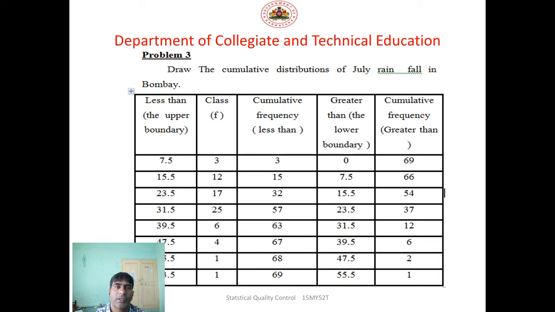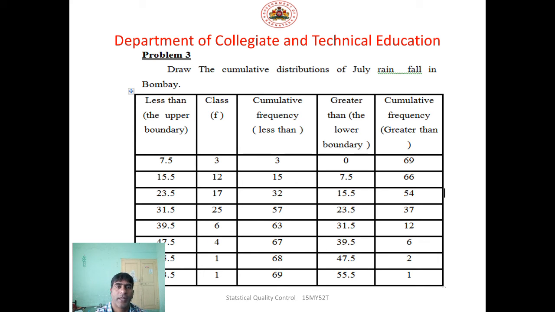First, this class interval is less than 7.5. You can go to the problem and count the number of entries which are less than 7.5. The class frequency for less than 7.5 is 3. You count in the problem, there are 3 entries which are less than 7.5.